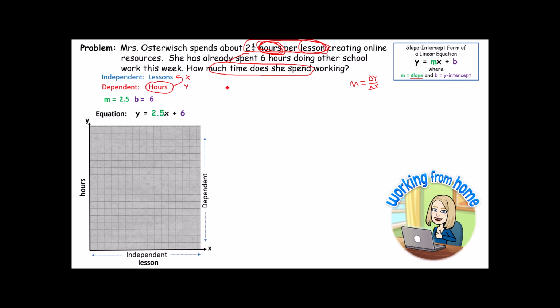I'm going to start at 6 hours. And then every time she does a lesson, she's going to go up 2.5, up 2.5, up 2.5, up 2.5. Notice once I was up 2.5 and 2.5, I end up here.